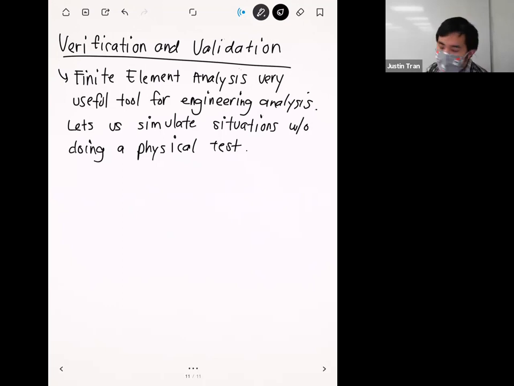But you always have to remember that even though finite elements is a great tool, at the end of the day, it's just a tool. In particular, when we're solving finite element problems, you have to remember that they're only an approximate solution.